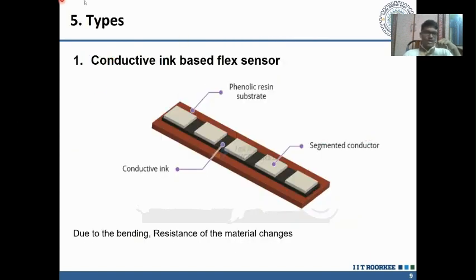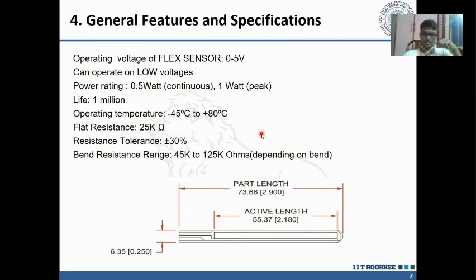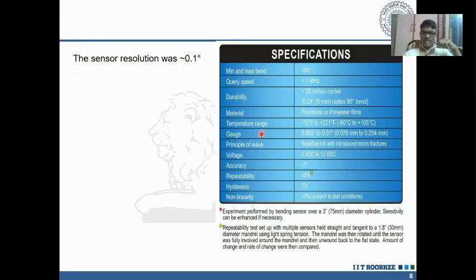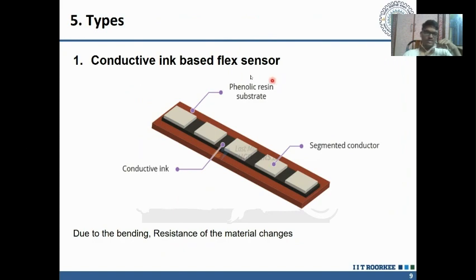Now we are going to discuss the types. The first one is the conductivity based flex sensor. Till now we have been talking about this one. These are the specifications and dimensions of this conductivity based flex sensor. These are the conductors, and this ink is the conductive ink.